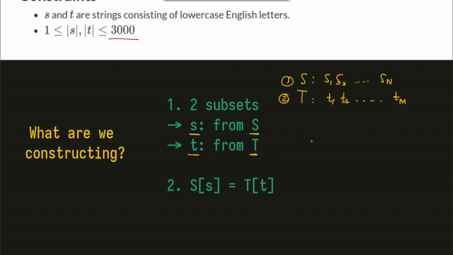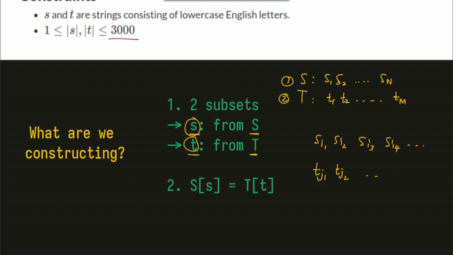And let's say we have chosen subsets following this convention: S of I1, S of I2, S of I3, S of I4, and so on. Similarly for T of J1, T of J2, and so on.